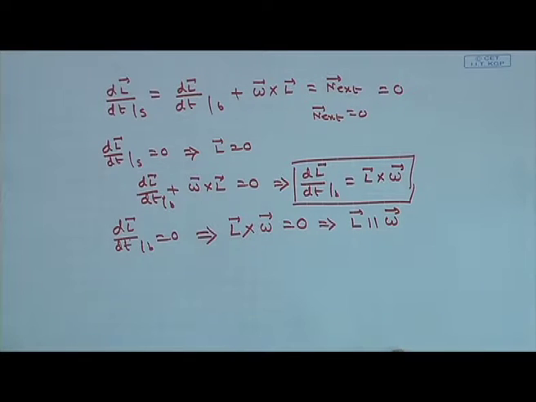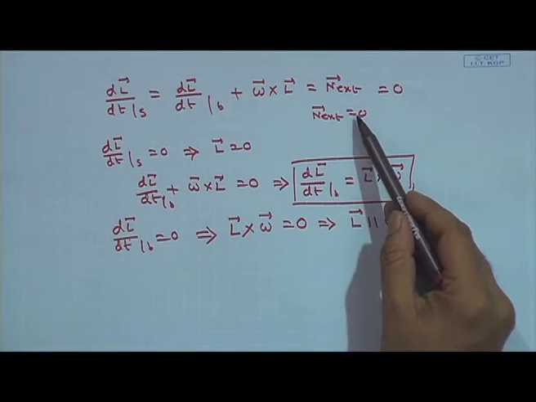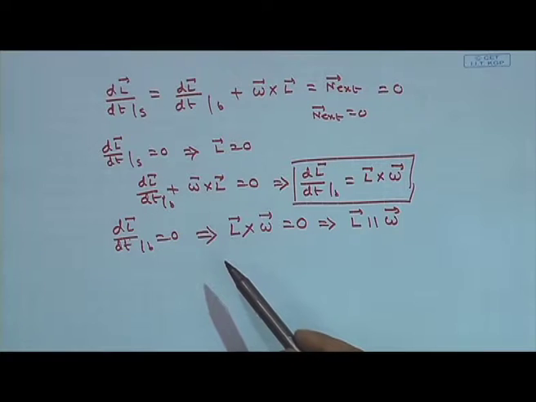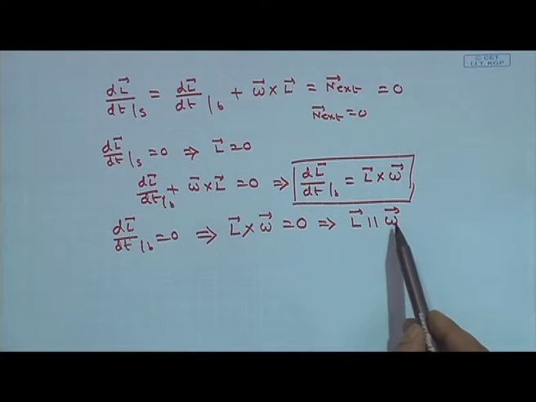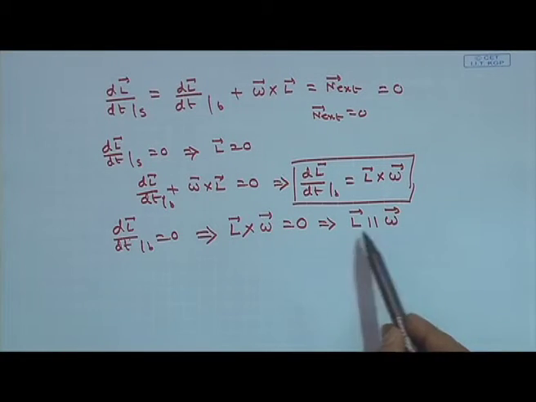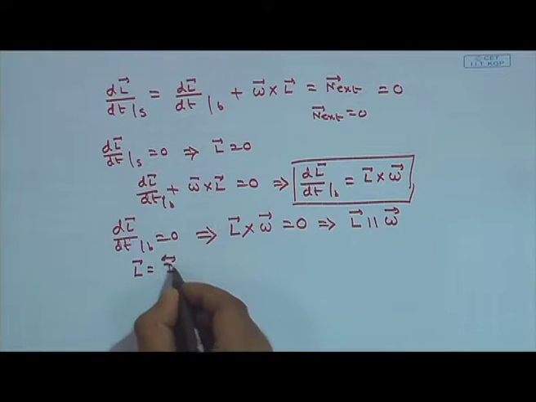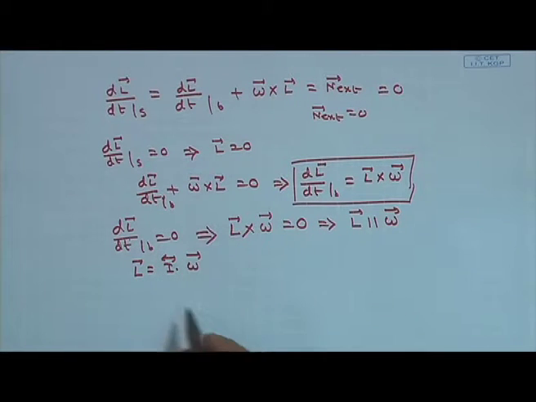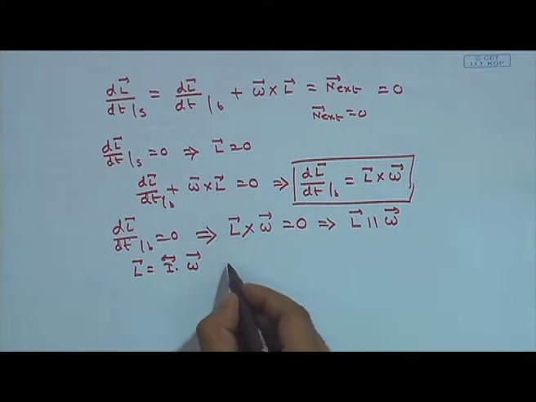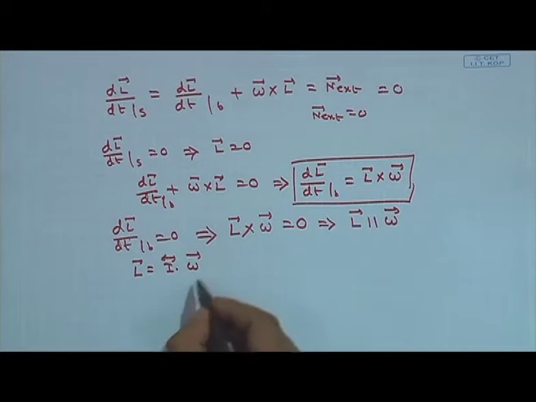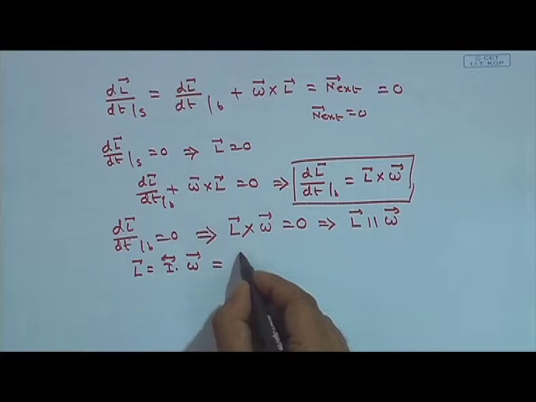So, we see that for torque free motion, uniform rotation is possible if and only if L and omega remain parallel, and from the relation we already know that L is equal to the I tensor times omega, and only along a principal set of axes. If we resolve it around a principal set of axes, what do we get?